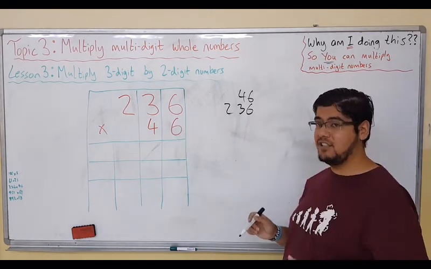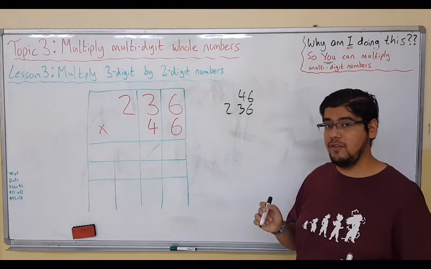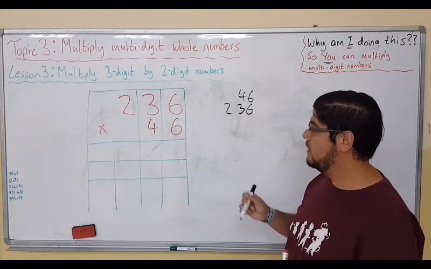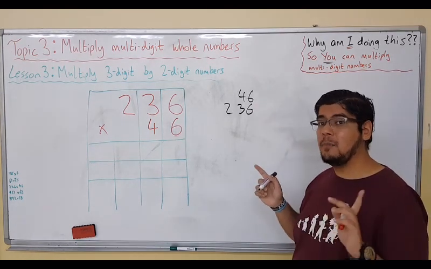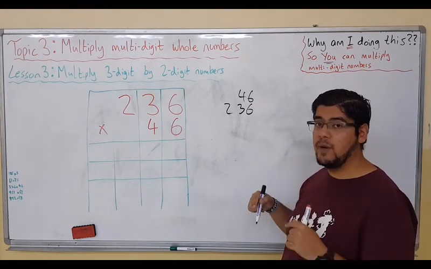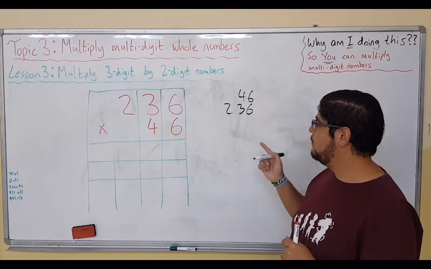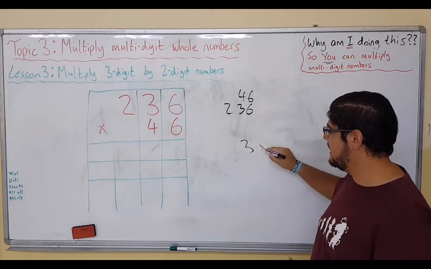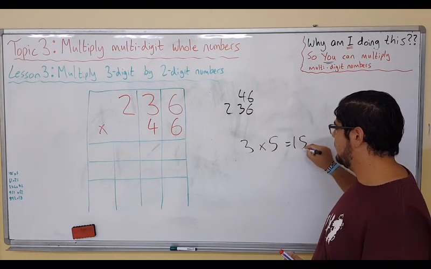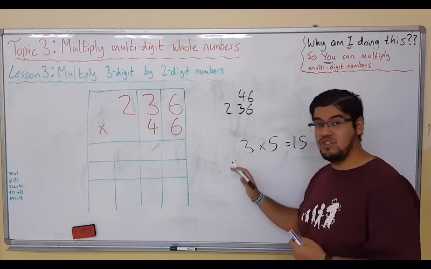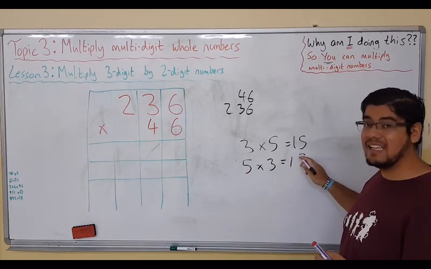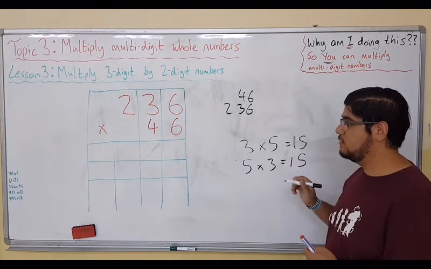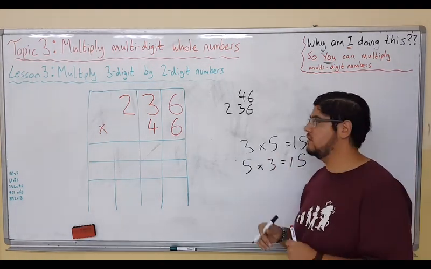Whatever is easiest for you, that's what you do, okay? For me, this is the way. And also, it doesn't matter which way comes first, because just how we have 3 times 5 is 15, if we change it the other way around, 5 times 3, exactly the same, right? So it doesn't matter which number comes first.